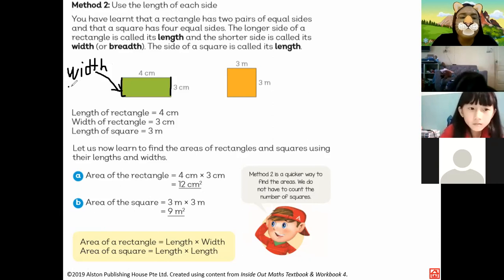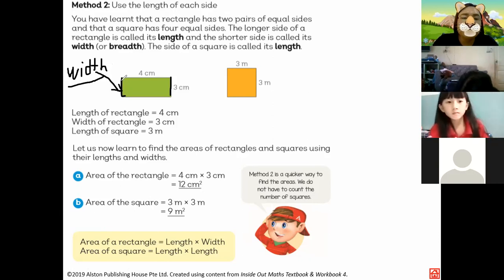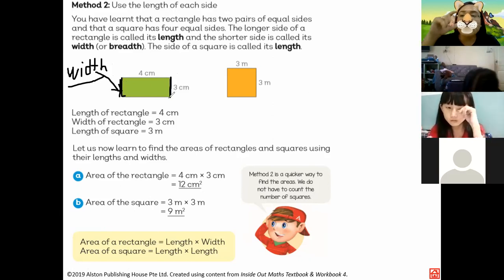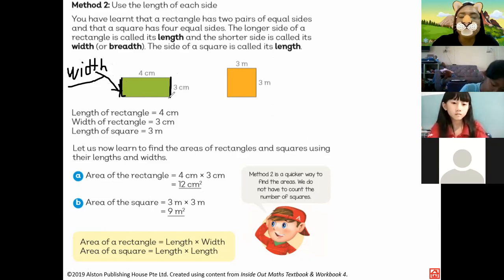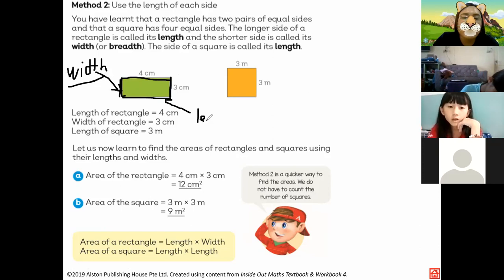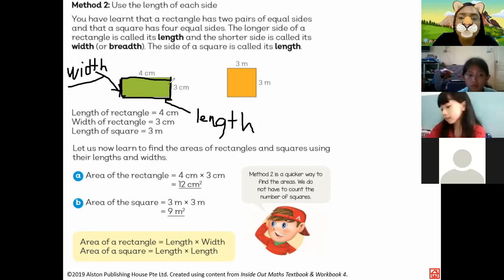If it's short, it's called width. If it's long, it's called length. L-E-N-G-T-H. Again, if it's short, it's called width. If it's long, it's called length.